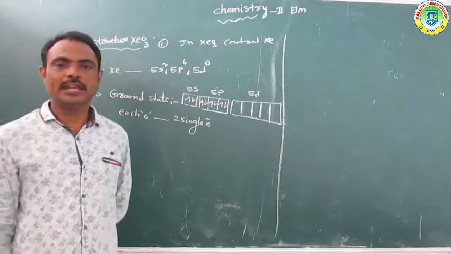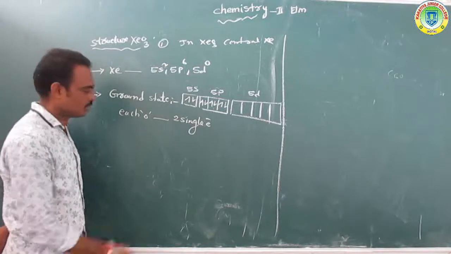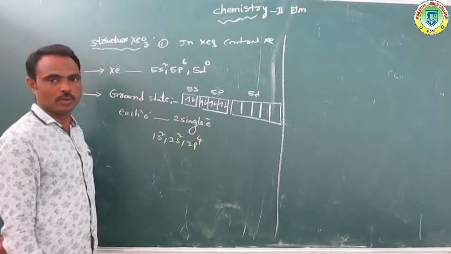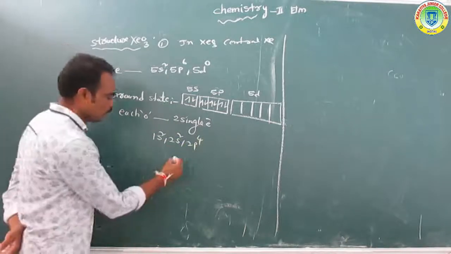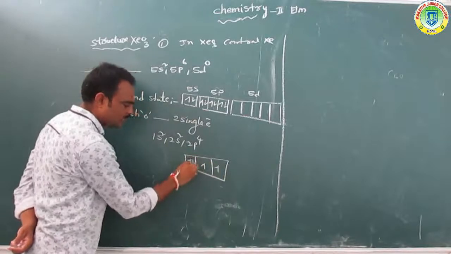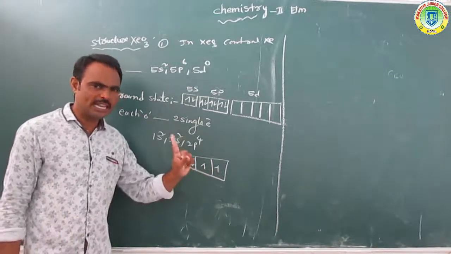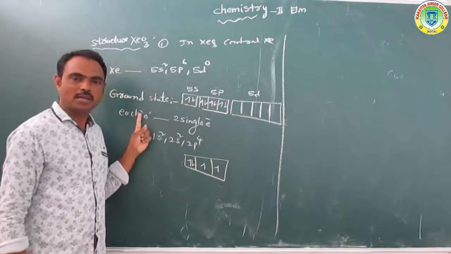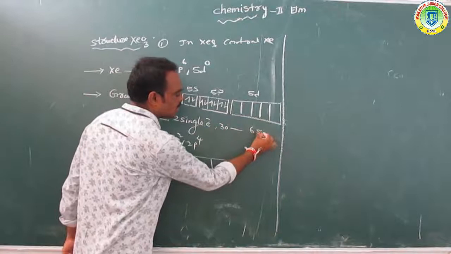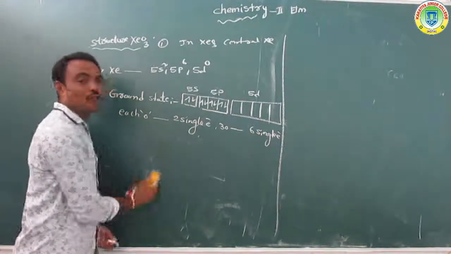Oxygen has 8 electrons; its electronic configuration is 1s2, 2s2, 2p4. In the outer 2p4 orbital, one set is filled, so there are 2 single electrons. So 3 oxygen atoms contain 6 single electrons. We need the excited state of xenon.